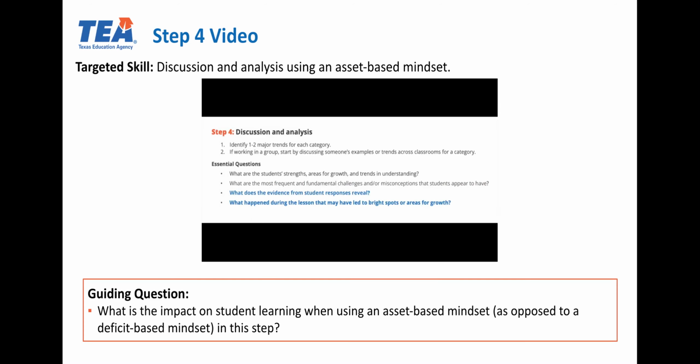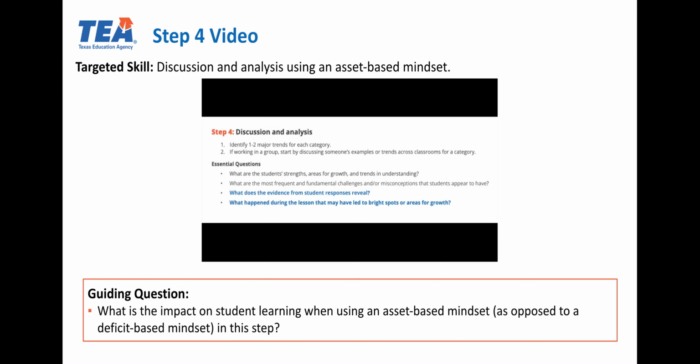In this video, you will see how I maintain an asset-based mindset by continuing the line of questioning begun in step 3. What can students do? What can students not yet do? One thing to note, though it will not be present in this video: in your collaborative meetings, you will continue the discussion and analysis, naming strengths and areas of growth to extend to the larger picture of the classroom.